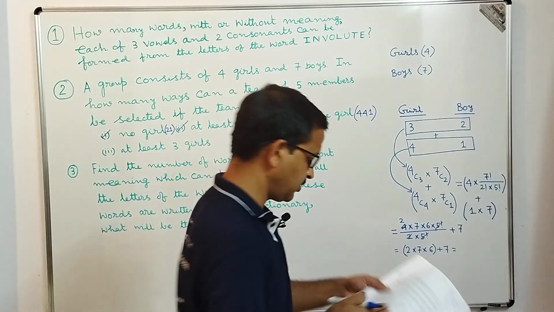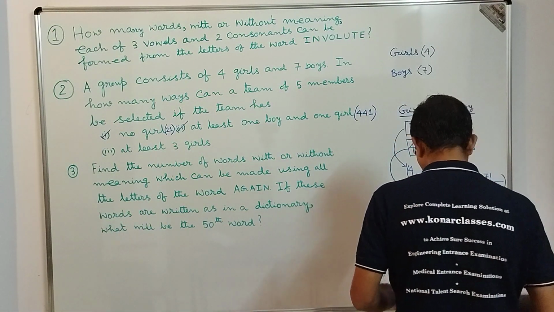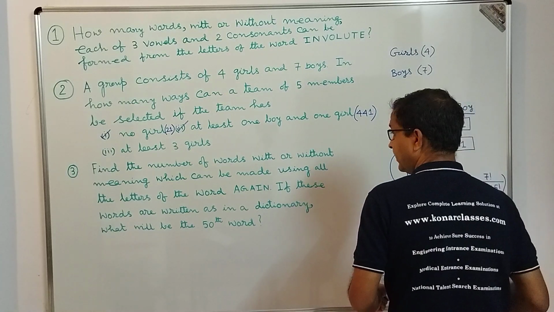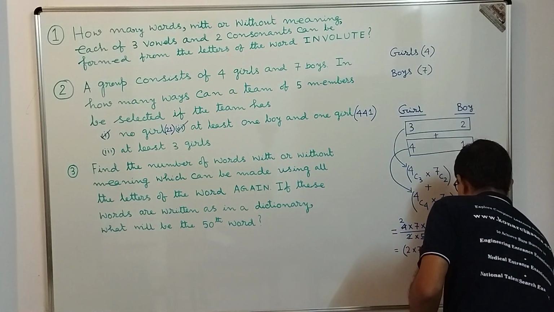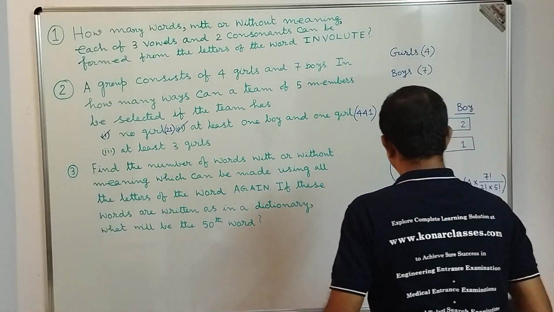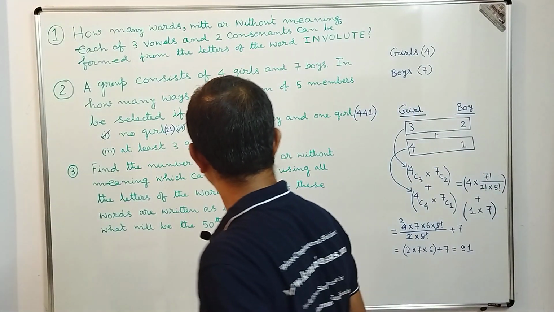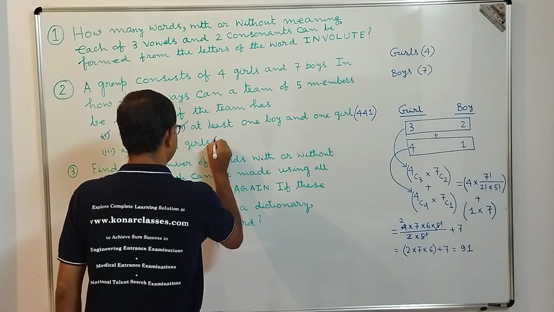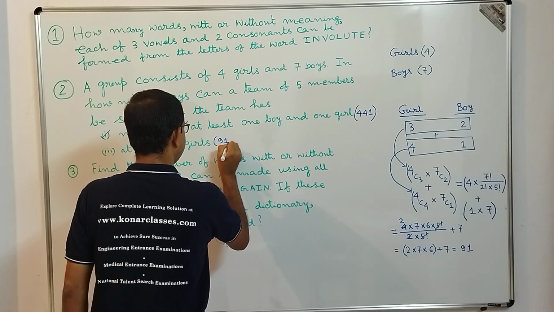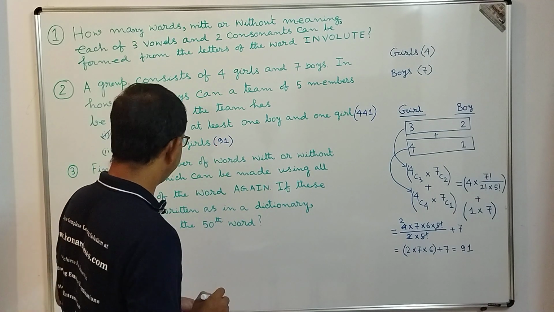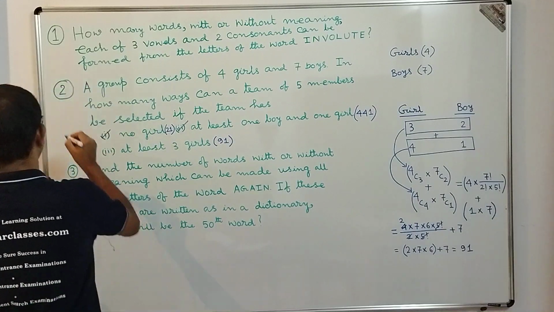So the value we are going to get here is equal to 91. Okay, so this is the answer to the third question, that at least 3 girls, that answer is 91. So with this we are done with the second question.